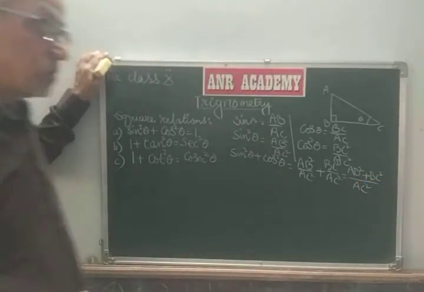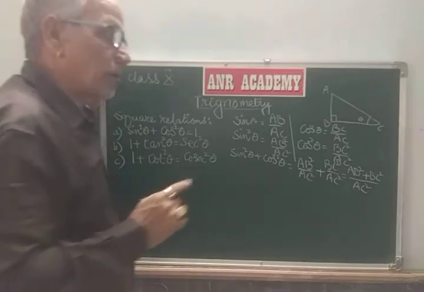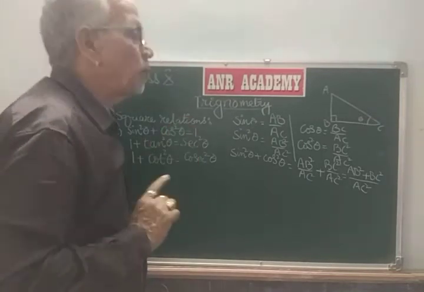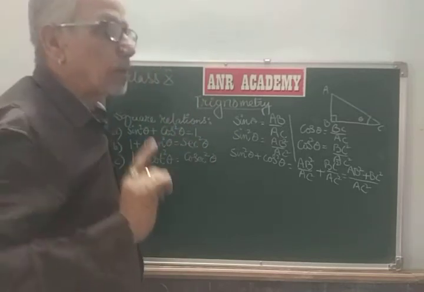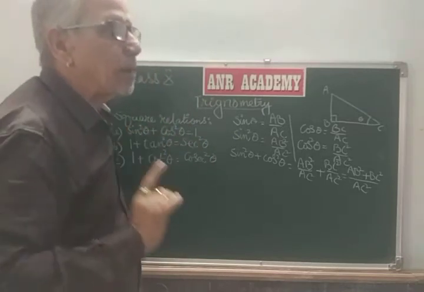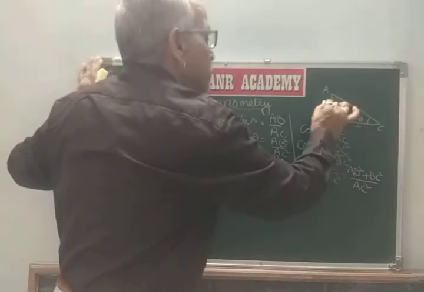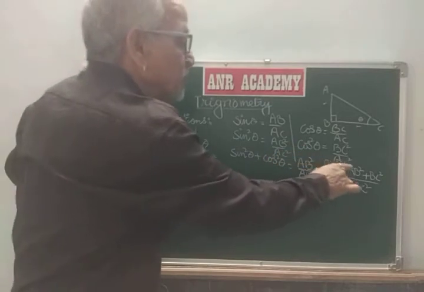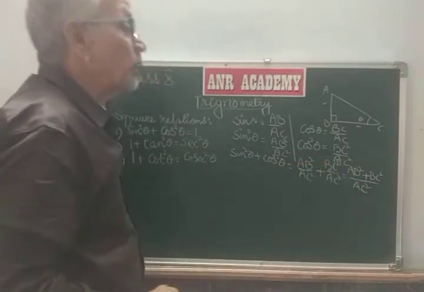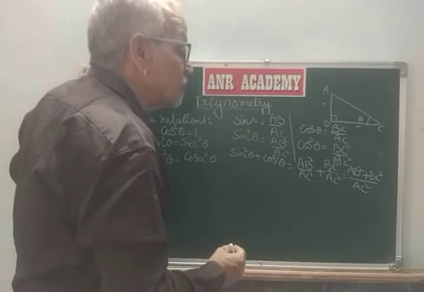Clear? So we know in a right angle triangle, hypotenuse square is equal to base square plus perpendicular square. This is the base and this is the perpendicular. So AB square plus BC square is equal to AC square.